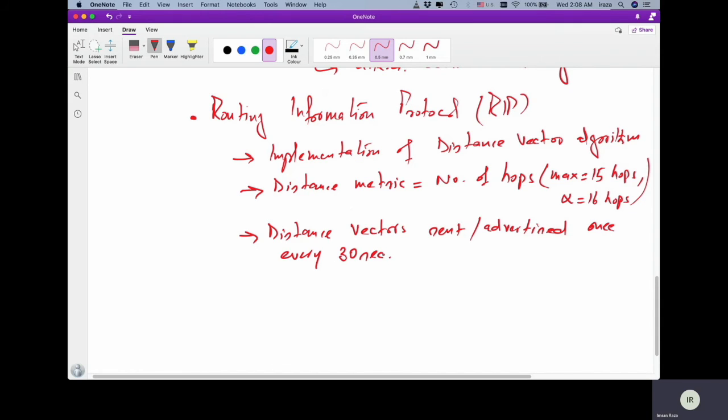And it takes 8 minutes to count to infinity, and to detect a loop if we rely only on periodic updates.